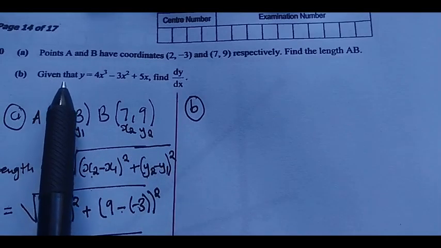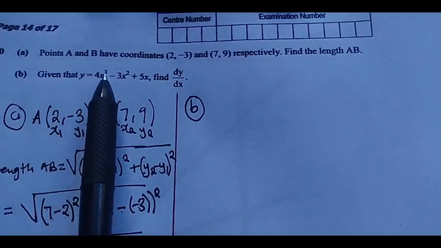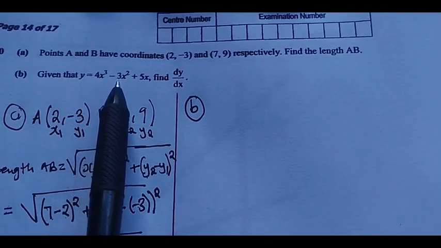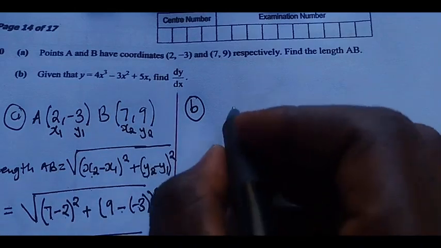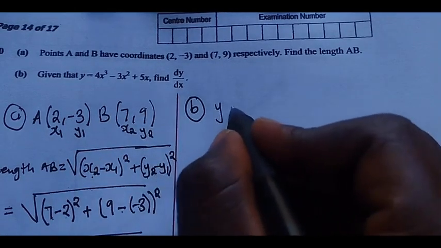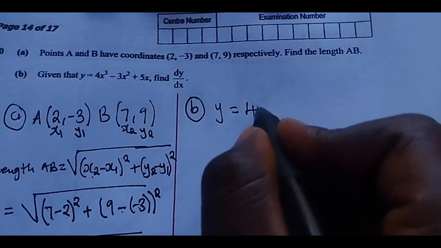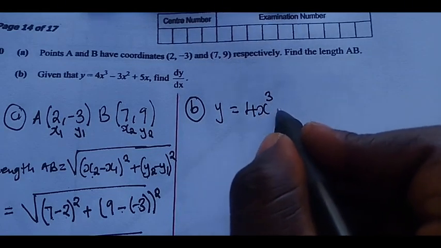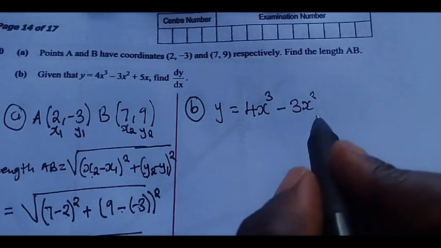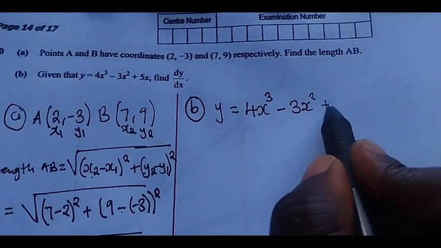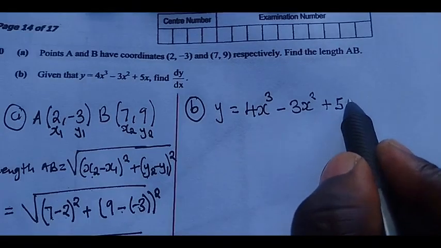Question B reads, given that y is equal to 4x cubed minus 3x squared plus 5x, find dy/dx. So I'll write first the question. y is equal to 4x raised to the power of 3 minus 3x squared. Then they say plus 5x.